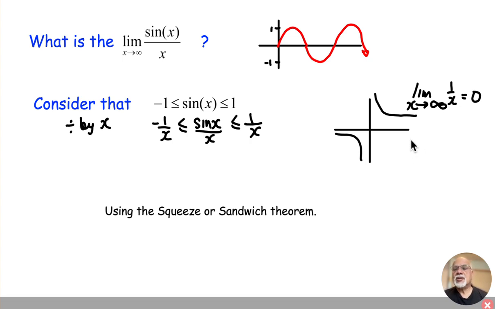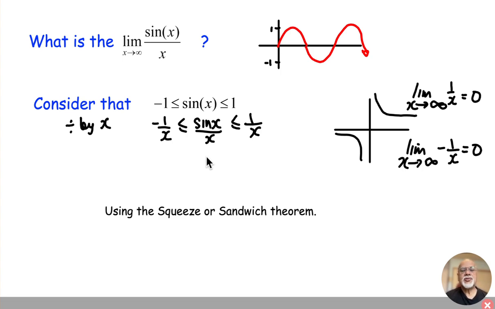And so the limit as x approaches infinity of negative 1 over x is also 0. And so the two limits on either side are both approaching 0.